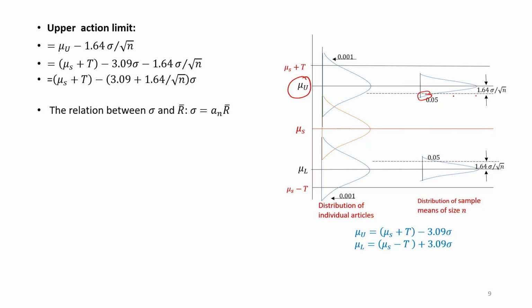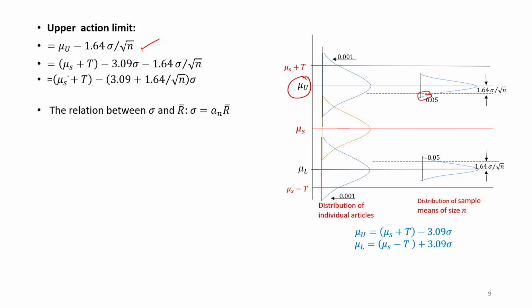Because the present limit is based on the sample averages. The earlier limit is based on the individual samples, but now it is based on the average, and therefore the value is mu minus 1.64 sigma by root n.